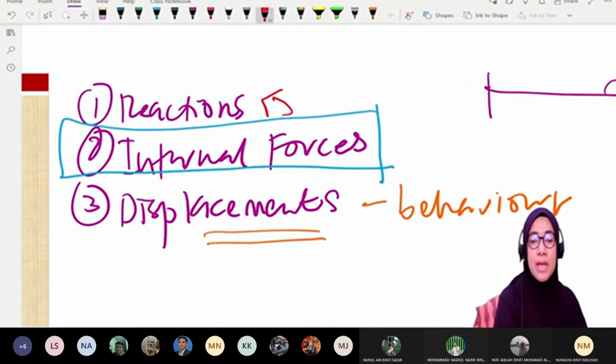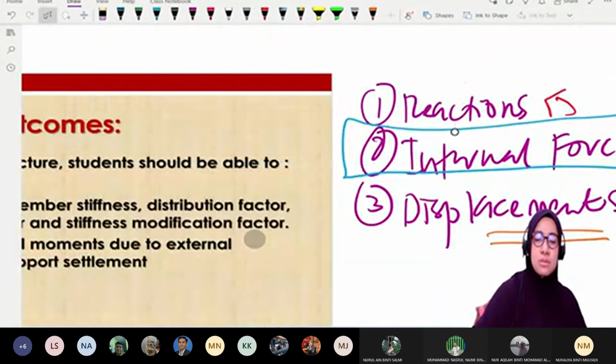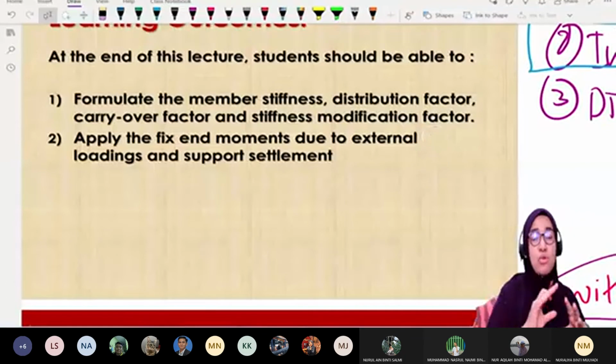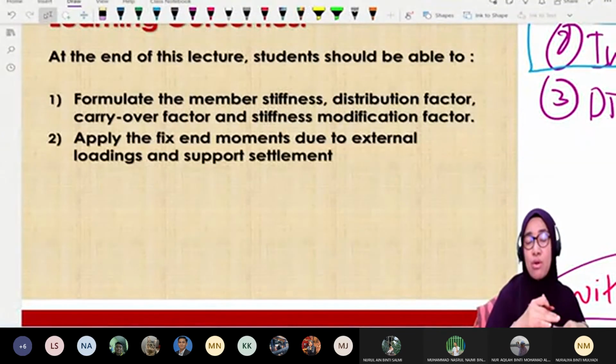So in this topic, we will concentrate on member end moment, internal forces, and using internal forces, we will calculate the remaining reactions, meaning the shear force or the vertical forces at support. As for the notes, whether the textbook or the slide notes, I believe you can read on your own.